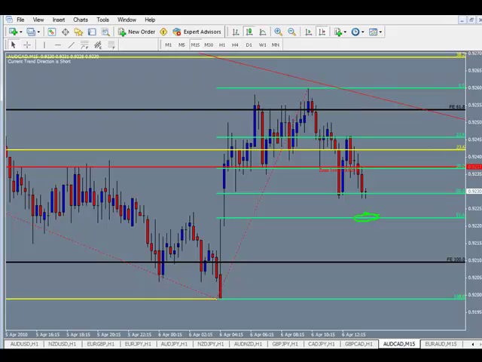If I break the 61.8, I'll have an entry at about the 0.9220 price level, targeting the 0.9150 price level, looking for a 70 pip profit. And assuming at that point I'll have around a 30 pip stop, just judging on where the supply line will most likely be at the point of a potential entry opportunity.